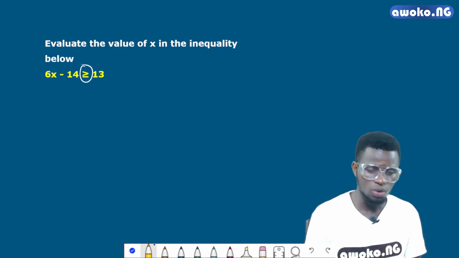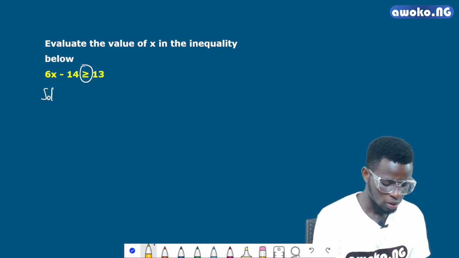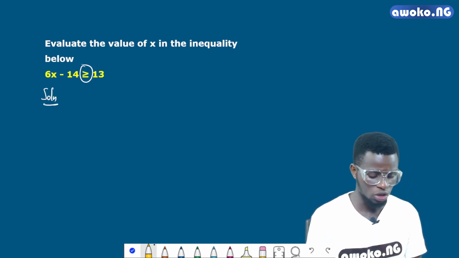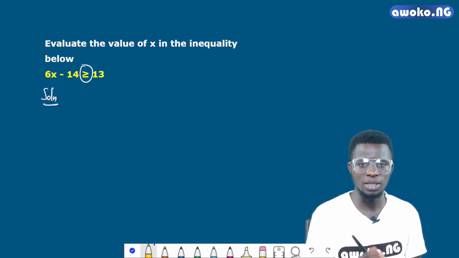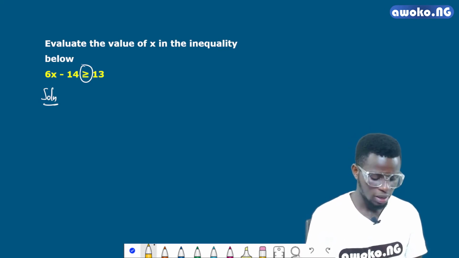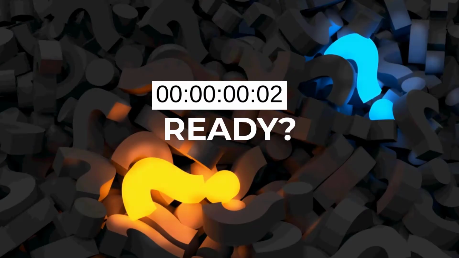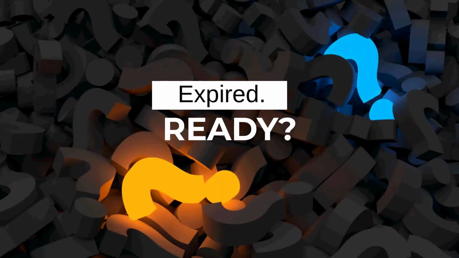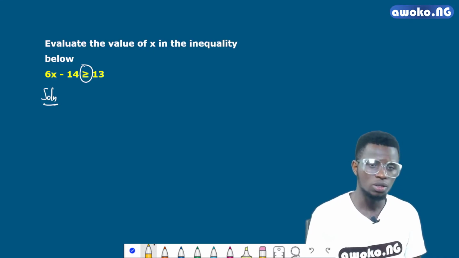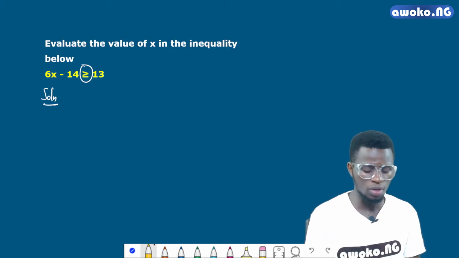All right, since we know that, we can solve this. The first step is to make sure that x is standing alone. And how do we do that? It is to add 14 to both sides, so that I cancel the effect of minus 14 on the left hand side.